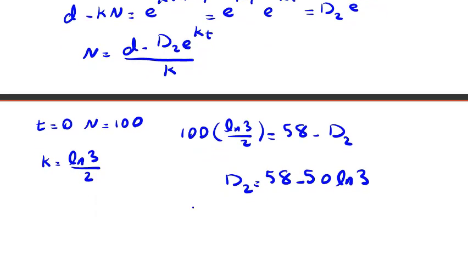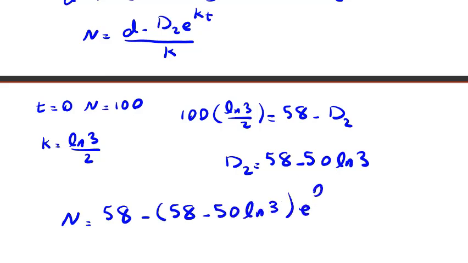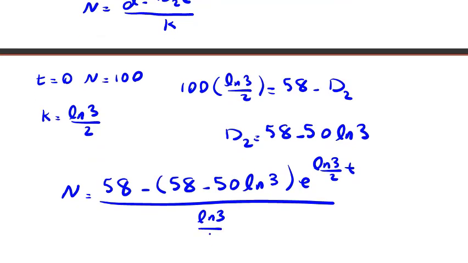Now we can find n. n is 58 minus (58 minus 50 ln 3) e^(ln 3 over 2 times t), all over ln 3 over 2. So we can consider n is this.